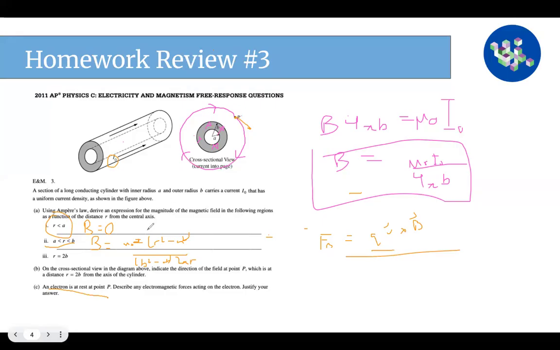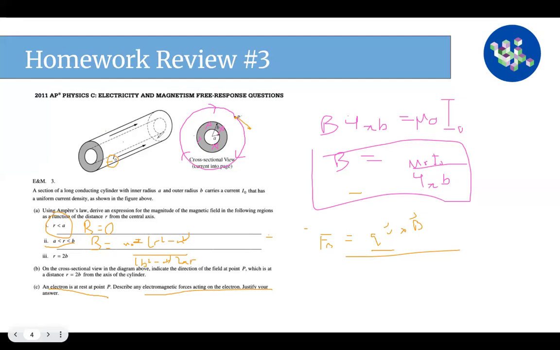The problem also wants us to talk about electromagnetic forces acting on the electron. You could argue that because we have a current, there are charges moving, and because of the charges moving, there's going to be an electric field created, right?